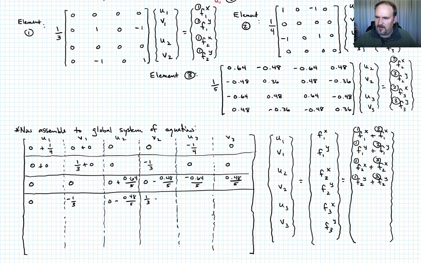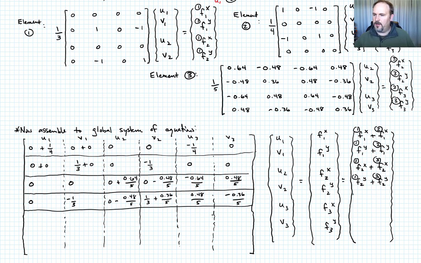I have to add the next term, which is plus 0.36 divided by 5. And then there's a 0.48, so 0.48 divided by 5. And finally, there's a negative 0.36 divided by 5. So now we're done with row 4.